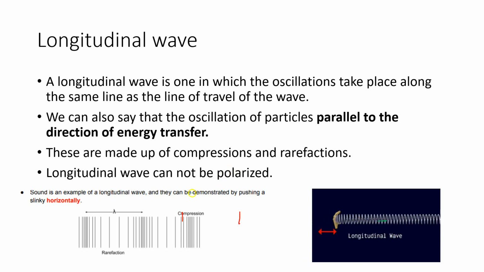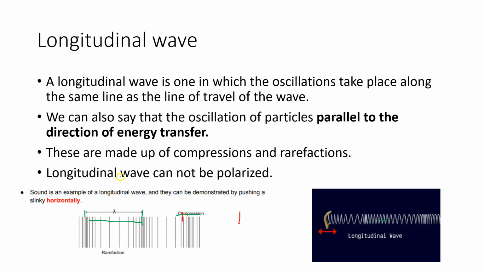With a compression, you're seeing the spring much closer, or the waves much closer. In between that will be the rarefaction. So from one compression to another compression, that would be a wavelength. That's how you find a wavelength whenever you're looking at a longitudinal wave.